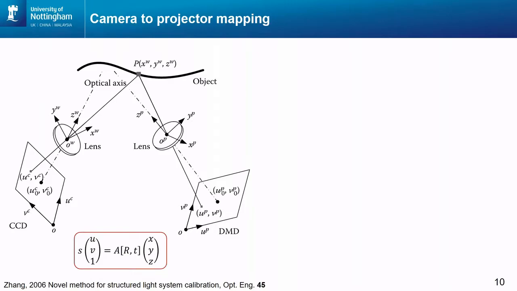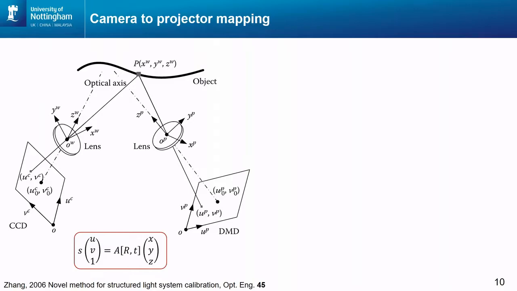On the left-hand side, you can see the projection of a point P with coordinates X, Y, Z onto the camera frame. It's the correspondence between the world coordinates and the image coordinates, usually denoted by this equation, where R and T are the rotation and translation from the world coordinates to the image coordinates, and u, v are the coordinates in the image domain.